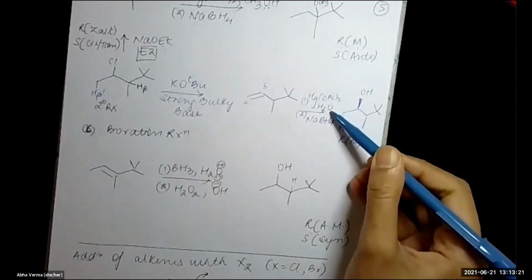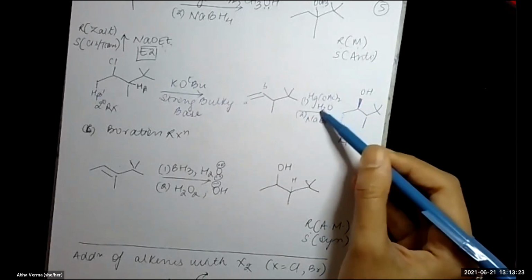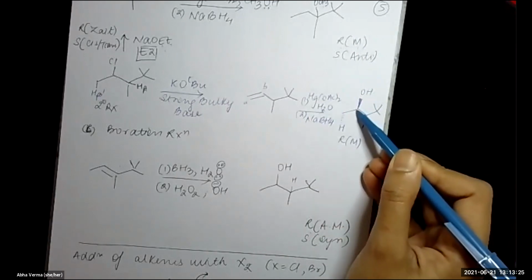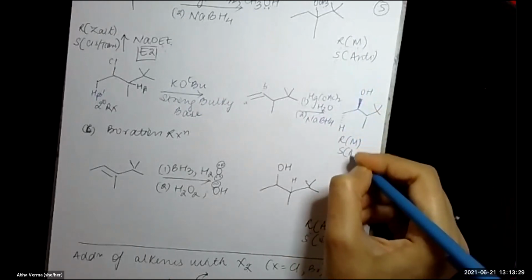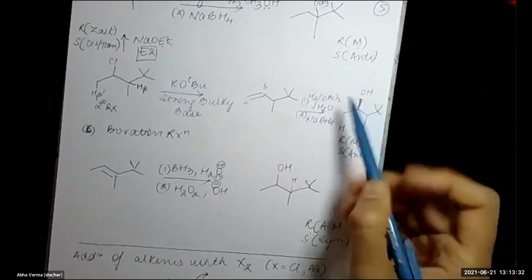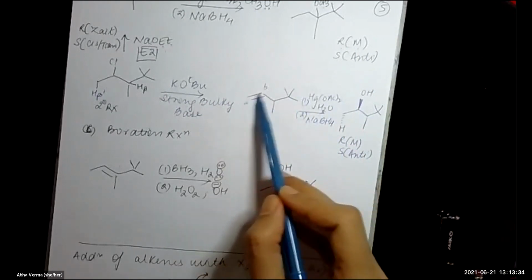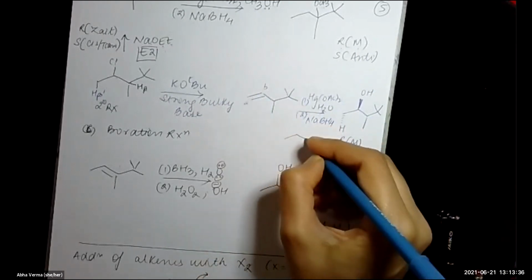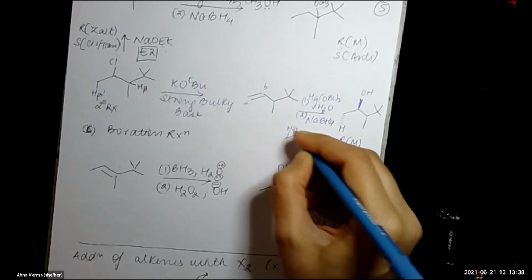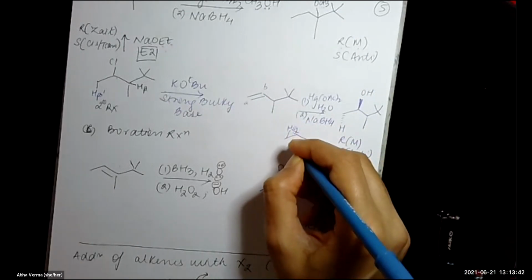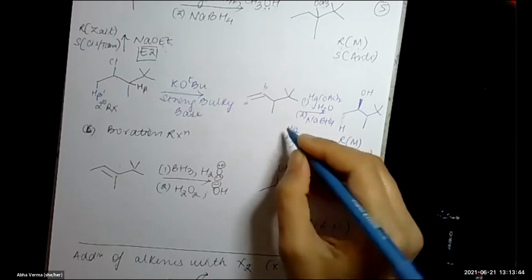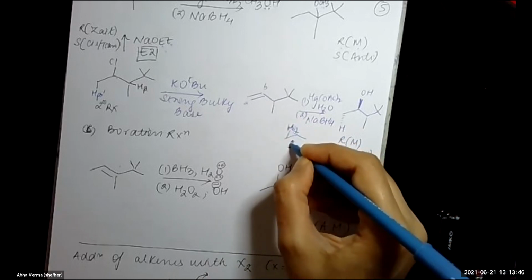What does Markovnikov mean? The nucleophilic part of the binary reagent goes to the more substituted carbon. And what is my stereochemistry? It is still anti. Because the mercury was making an intermediate on one side, the attack of the nucleophile occurs from the opposite side.